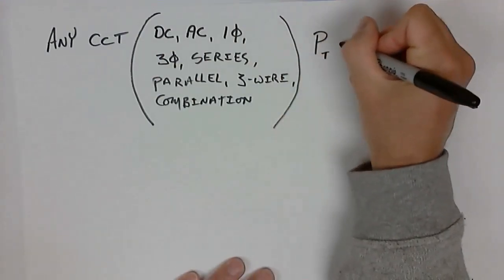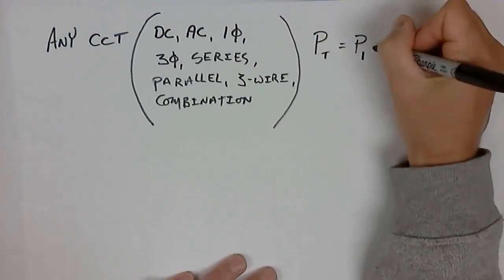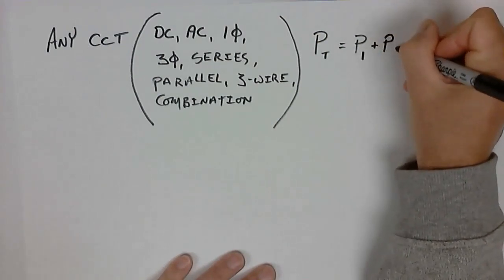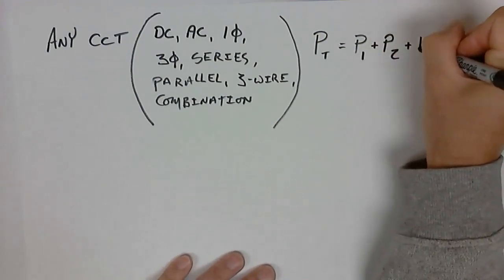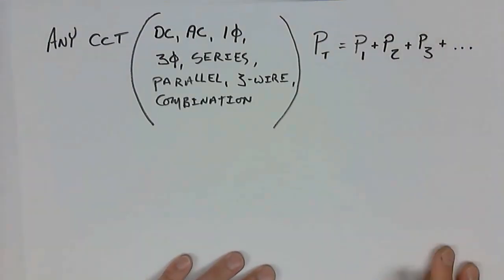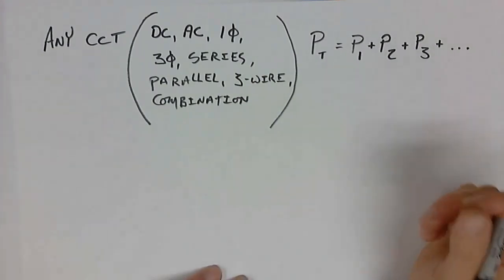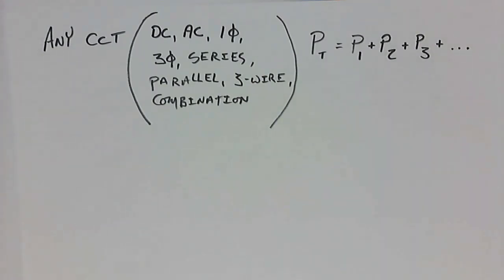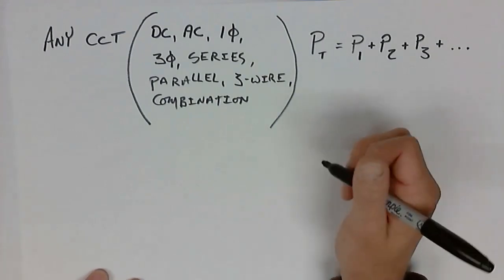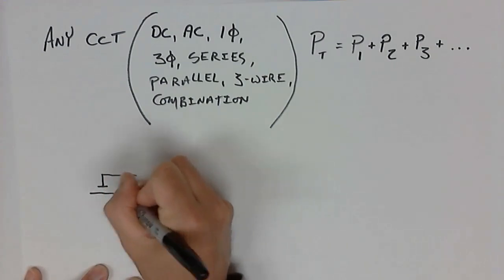P total is equal to the power consumed by the first object in the circuit plus the power consumed by the second object plus the power consumed by the third object, so on and so forth. So it's important to realize that because it then opens up some available means of calculating values that you may not have considered previously. So let's just very quickly look at a series circuit and a parallel circuit.